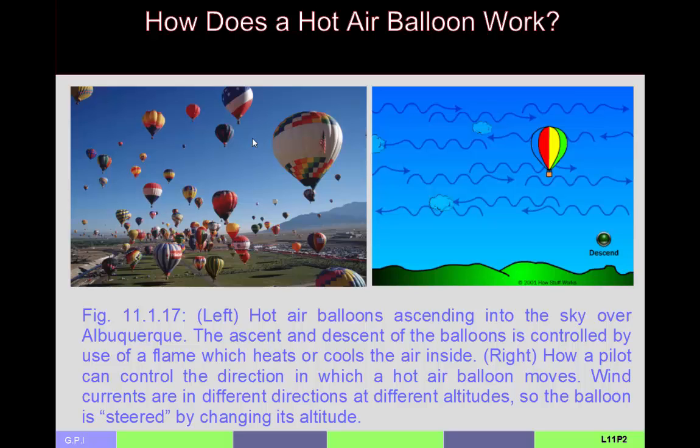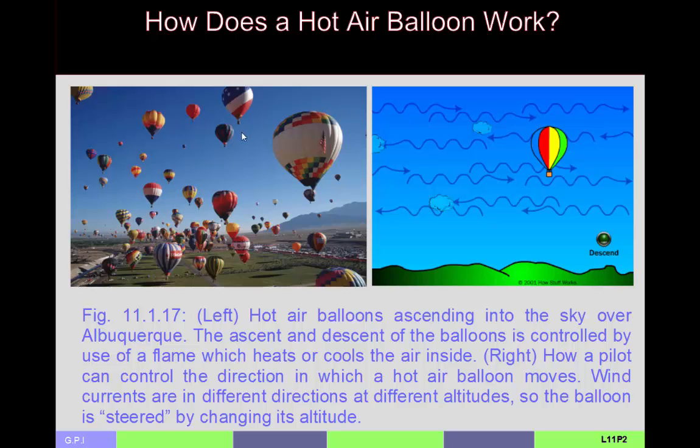So I was thinking about how a pilot actually controls the direction in which the hot air balloon moves. Now, in theory, the way that you can do it is as follows. The air surrounding the hot air balloon does not necessarily have currents which are all in the same uniform direction.